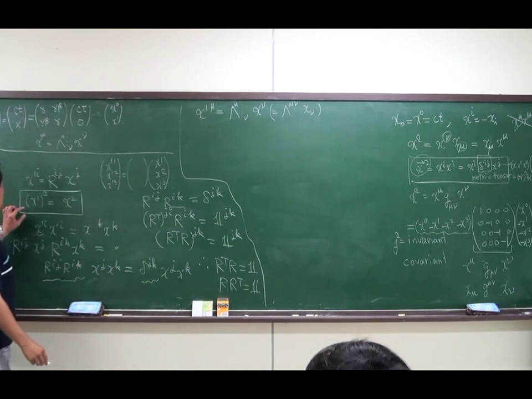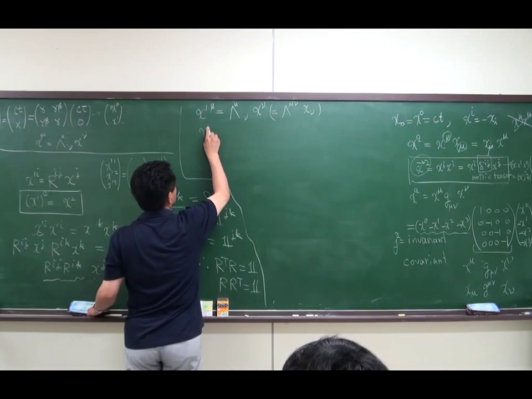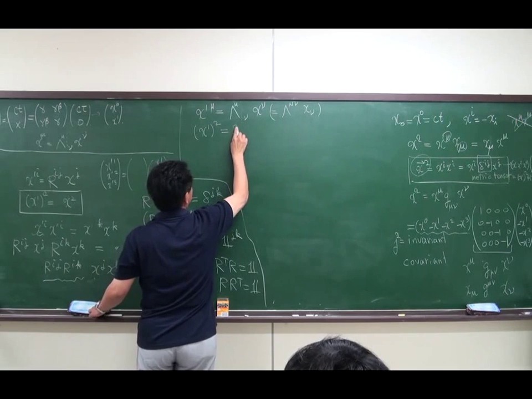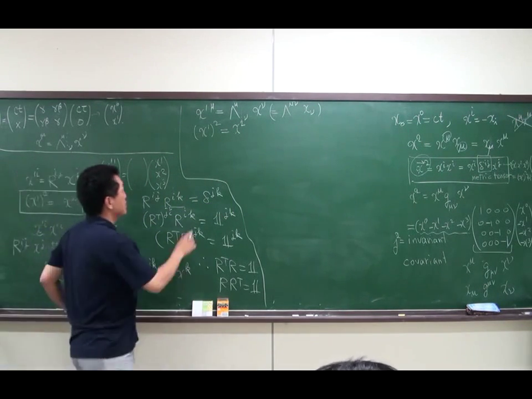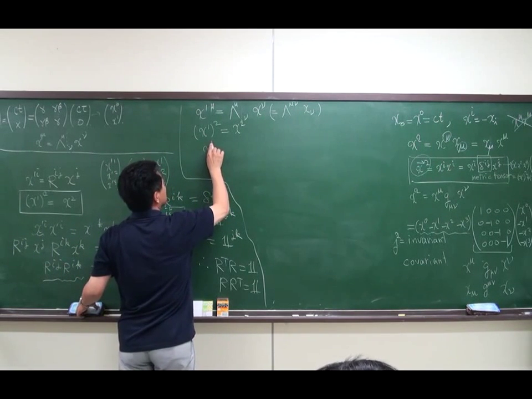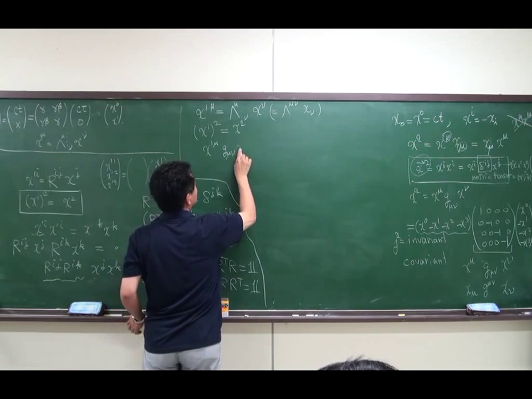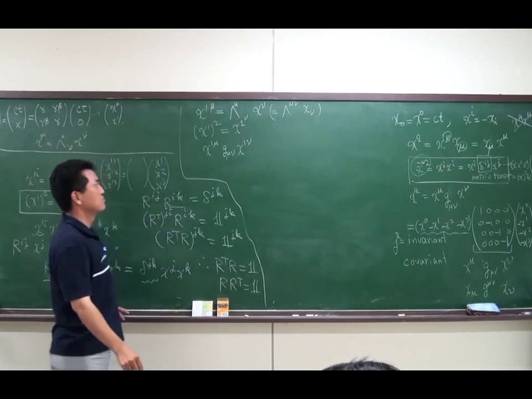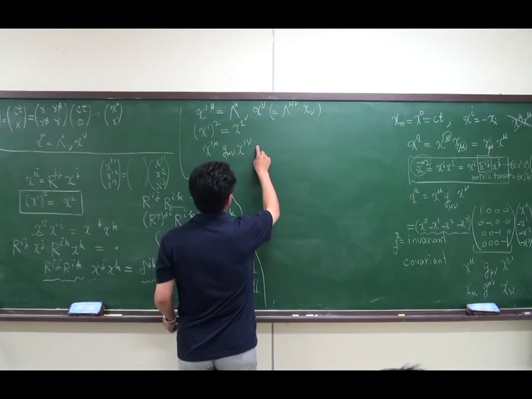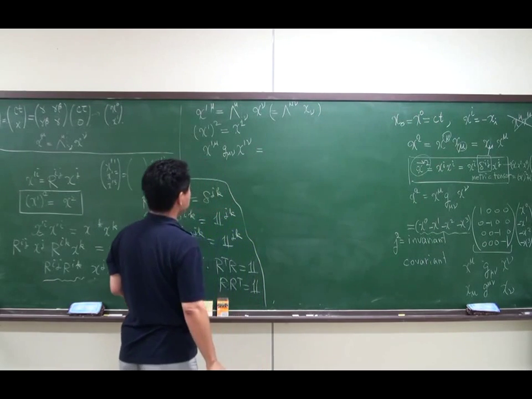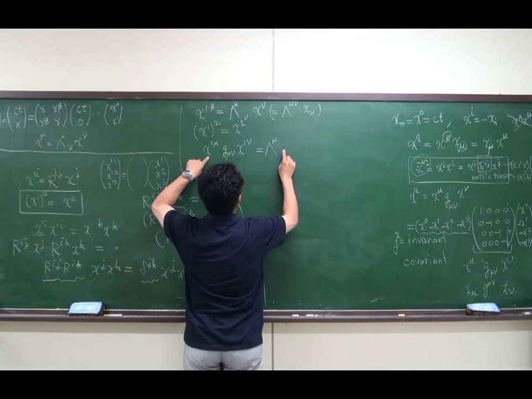And let us use a similar relationship. X prime squared is equal to x squared. X prime squared is x prime mu g mu nu x prime nu. That is Lambda mu alpha x alpha g mu nu and lambda nu beta x beta.